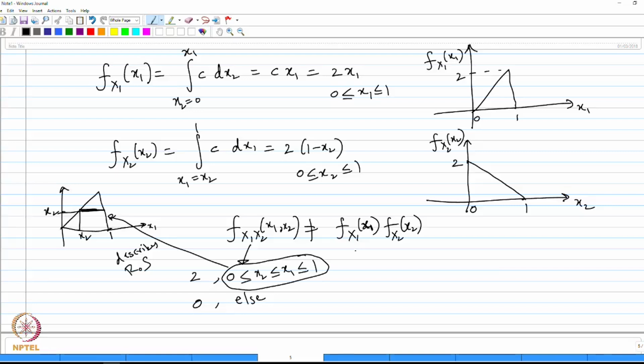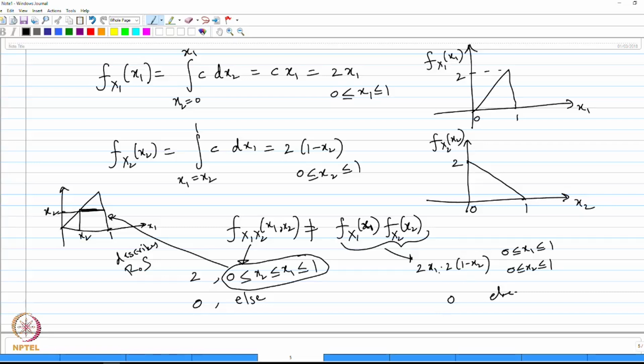Now what about this product? This product on the right hand side, what will it look like? This will look very different. This will be 2 times x1 times 2 times 1 minus x2, for any x1 between 0 and 1 and any x2 between 0 and 1, and 0 else.